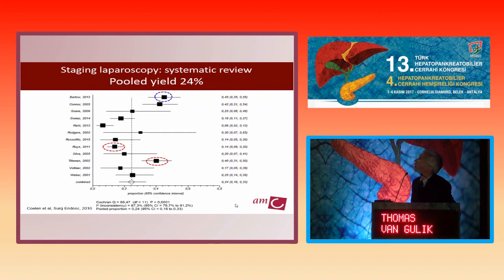We've done this systematic review recently, and actually we showed that the yield has come down with your laparoscopy because of your improved imaging techniques, and it depends also on the year in which the study has been performed, because before we had those techniques, the yield was higher, but on average, the pooled yield is 24%, so that means that 1 out of 4 patients will benefit from a diagnostic staging laparoscopy in terms of a difference in management.